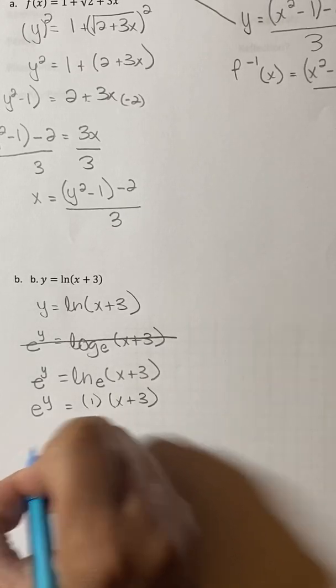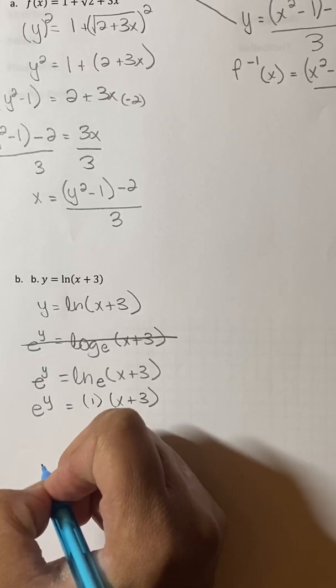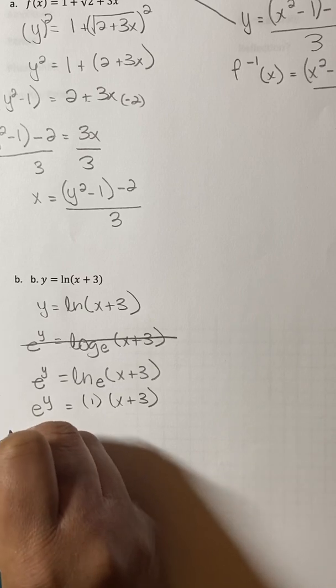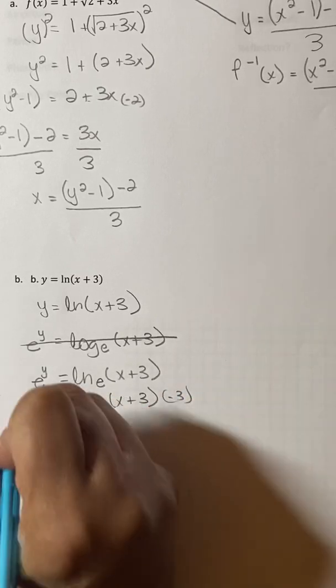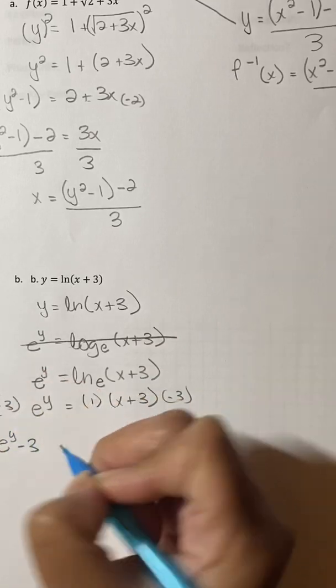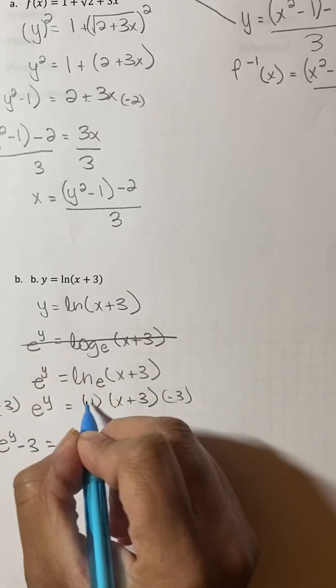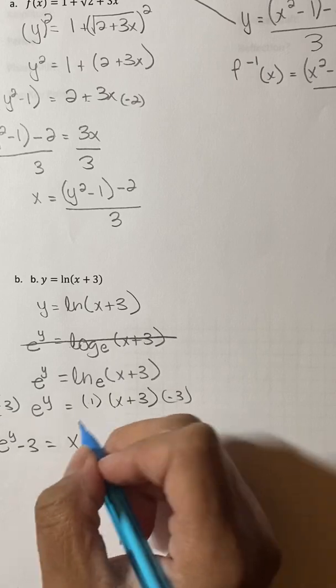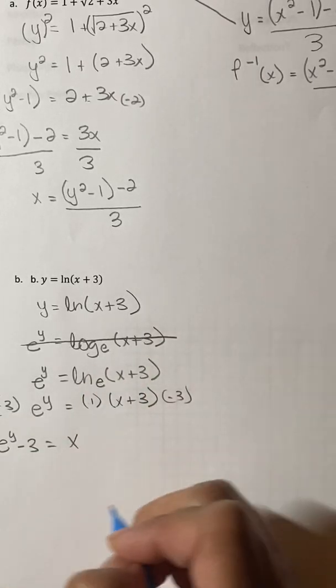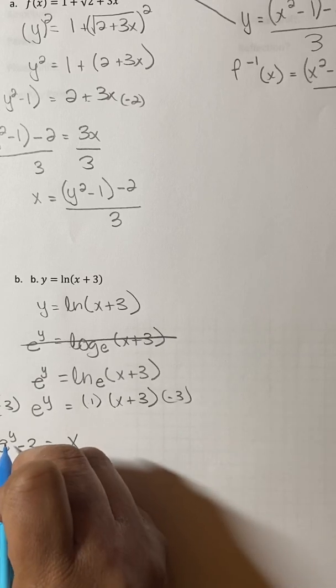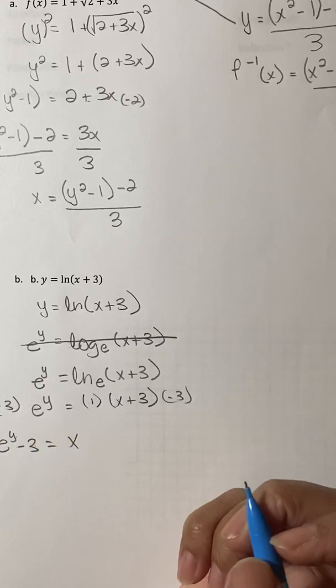So you have to bring that 3 plus to the other side. So e to the y minus 3, because you're subtracting 3 on this side and subtracting 3 on that side, equals x. Because remember, we distributed that 1 back in, and 1 times anything is going to be that thing, whatever it is. So now we have e to the y minus 3 equals x.